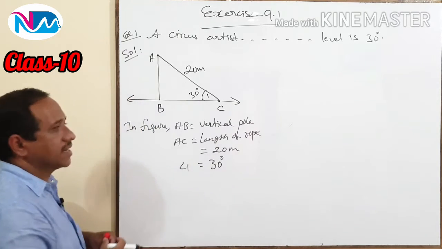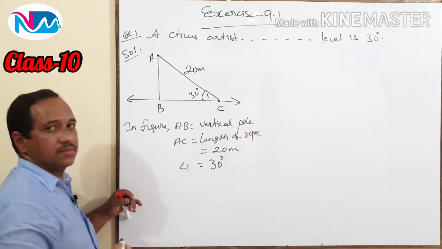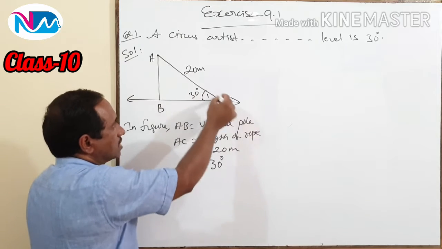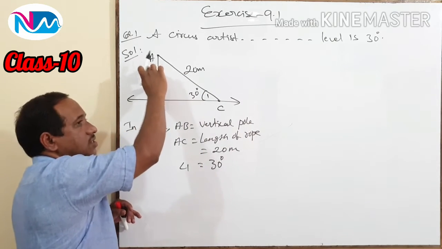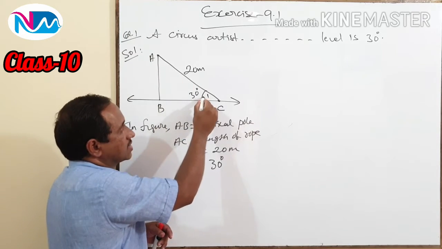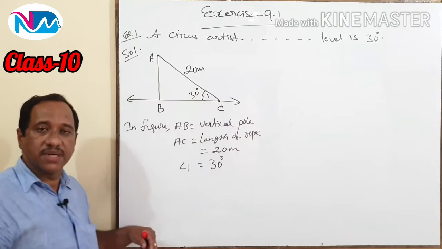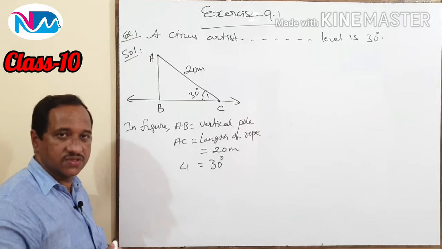So we have a right angle triangle here with the one acute angle 30 degree and hypotenuse 20 meter. We have to find the height of the pole. So with respect to the position of angle 30, AB is perpendicular and AC is hypotenuse.